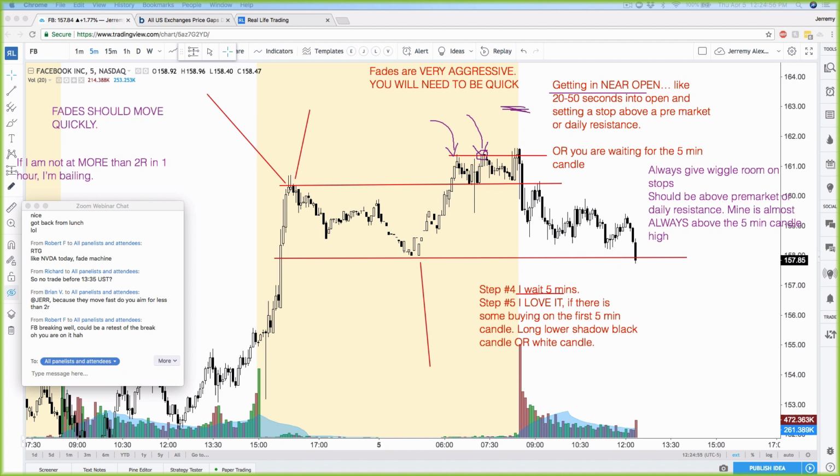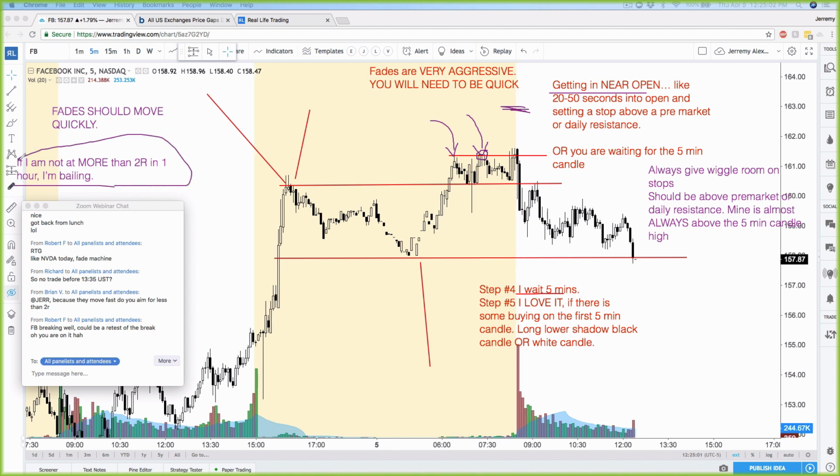If it's not at more than 2 Rs in 1 hour, I'm going to bail. If I'm not profitable, I will lower my stop to a very small loss or a very small gain. But right at an hour, I'm pretty much going to bail.